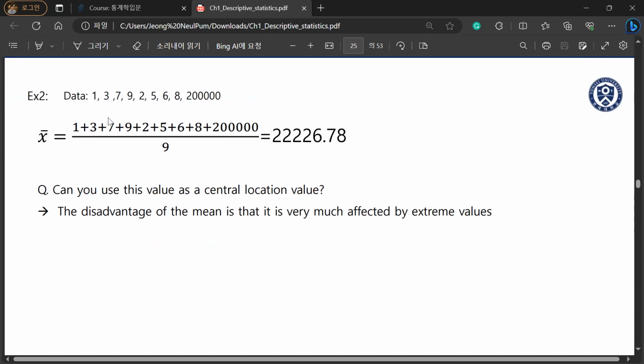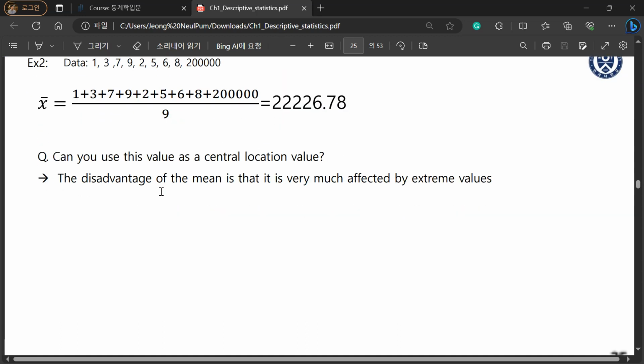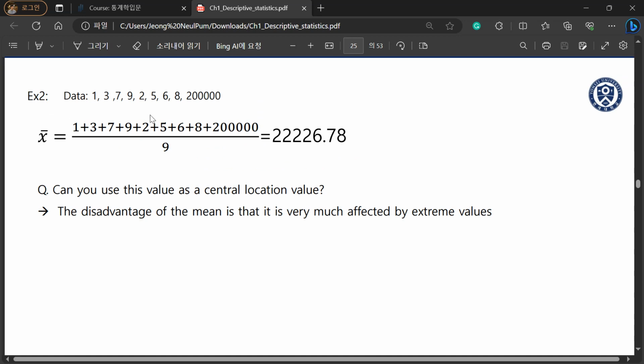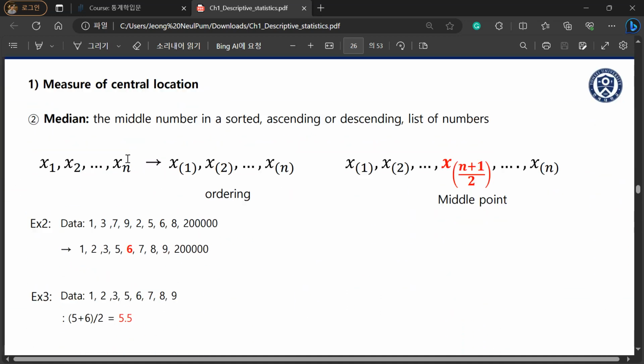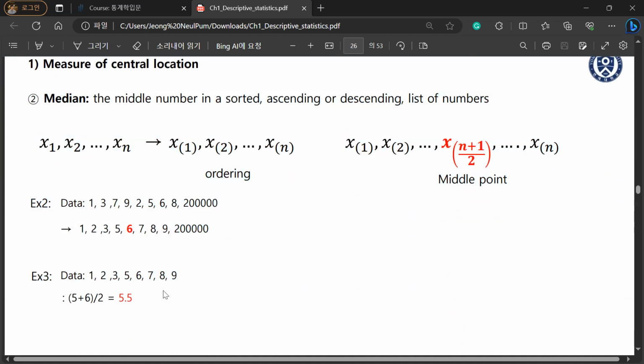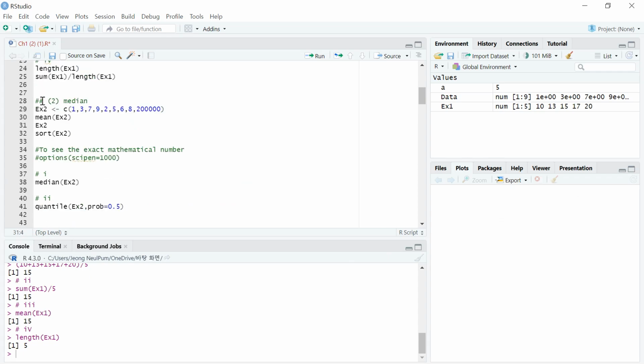Maybe the outlier is very far away from our center location, so if we get the mean, it is very large, affected by the outlier, but by using the median, we can get the center location more intuitively. So this is how we get the median value in our programming.